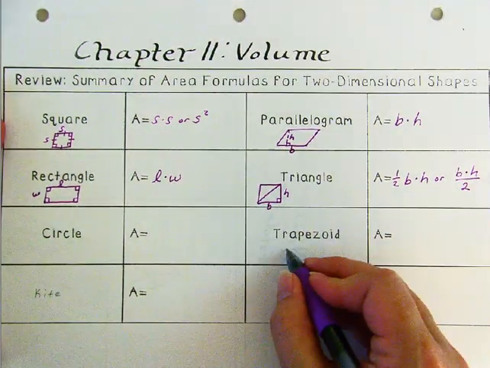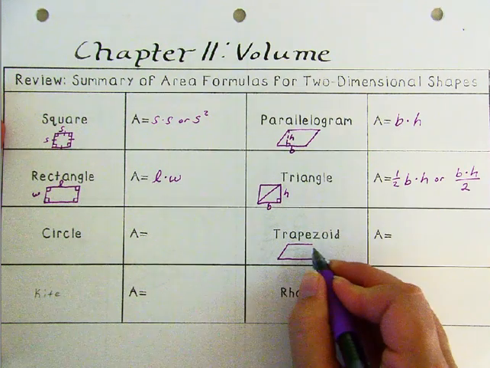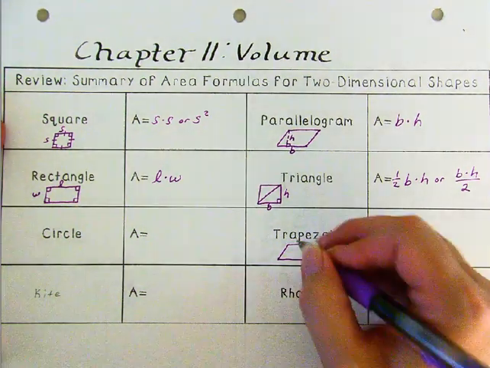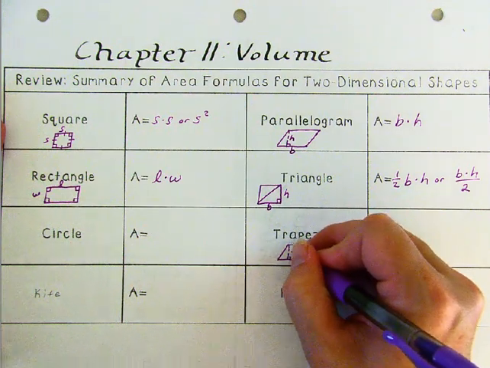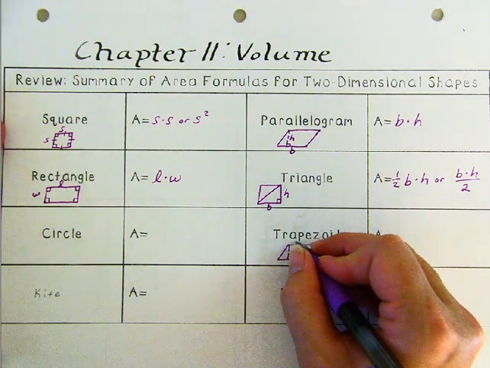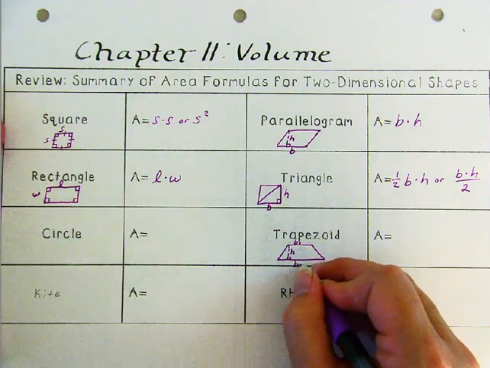Okay? All right. So then we're actually going to move on to the trapezoid here. So a trapezoid, this is the one that looks like that. It's a trapezoid. So we still have what we call a height. It's going to be perpendicular to our base. Well, we have two bases. We have a base 1 and we have a base 2.